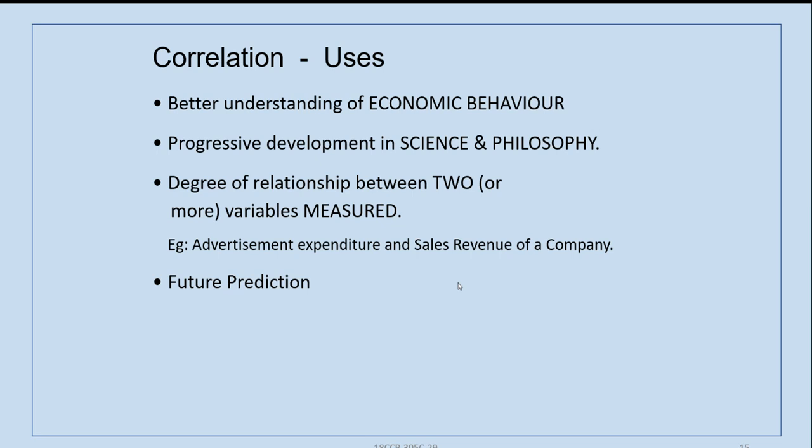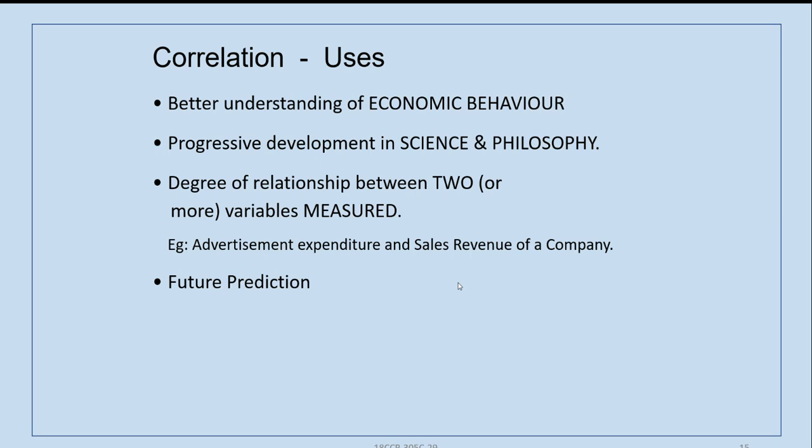And progressive development in science and philosophy. Progressive means there is constant progress. Progress is there and constantly it is progressing. That is the meaning of progressive development. Development is there, which is increasing from time to time.